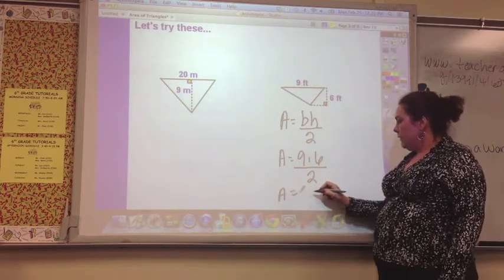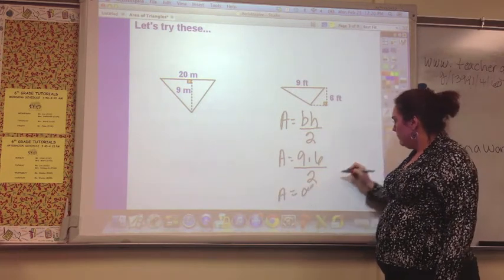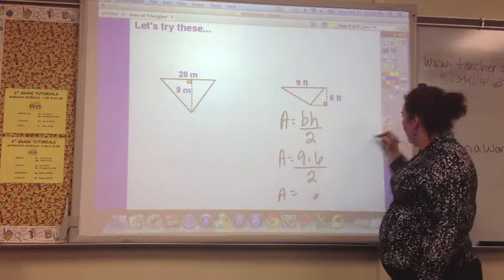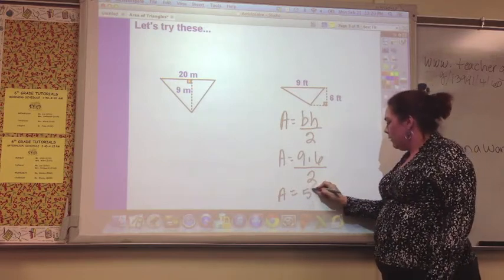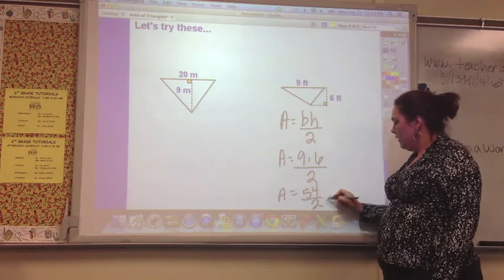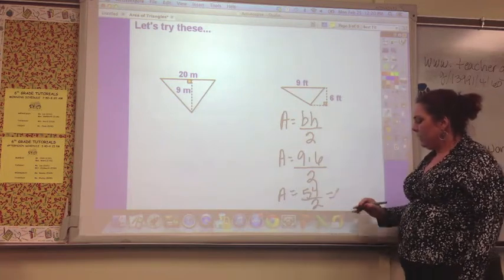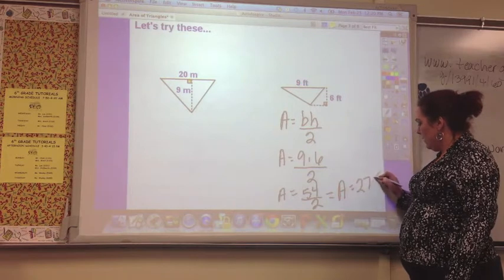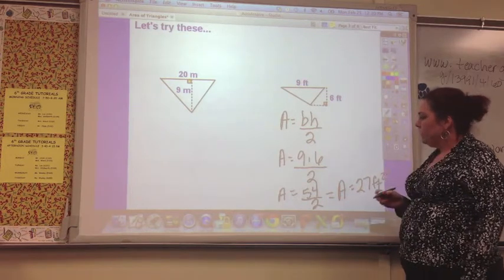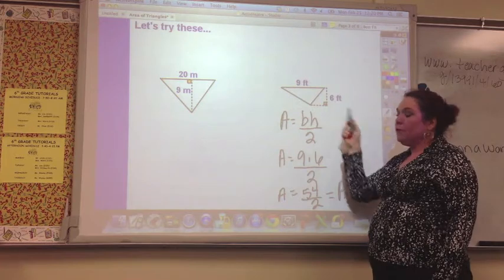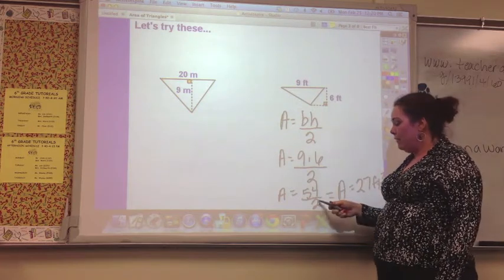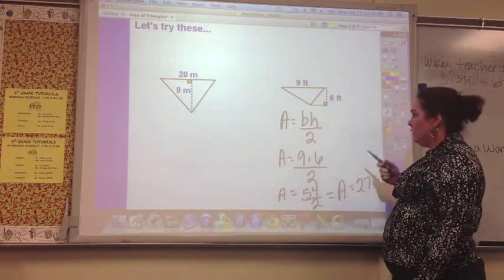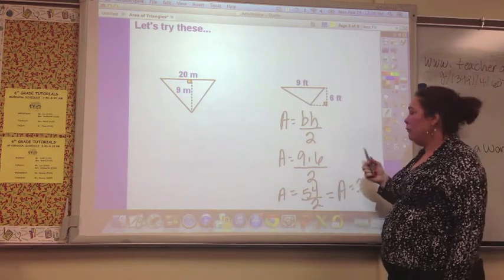Area equals 54 divided by 2. So 54 divided by 2 is 27. So area equals 27 feet squared. So don't forget, you're just multiplying these together, but you have to divide by 2, or you'll predict an area that's too big.